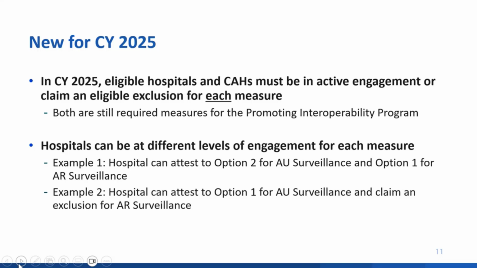And in example 2, let's say a hospital is working on validating their AU data with their software vendor, but does not have the necessary data for the AR reporting in discrete fields within their EHR. This hospital can attest to option 1, which is again, registration and testing for AU surveillance, and claim an exclusion for AR surveillance due to the lack of access to the discrete data elements.